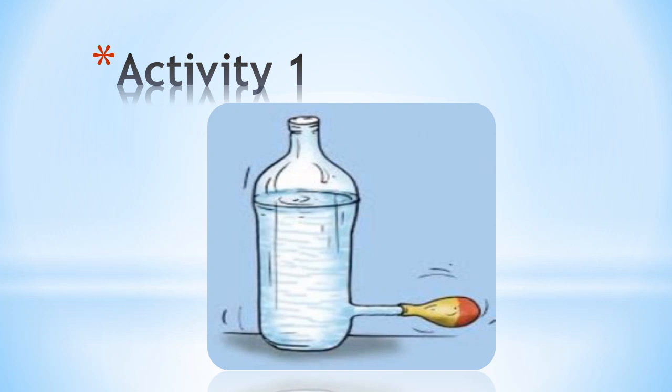Warm up one end of the glass tube and gently push it into the bottle at about 5 centimeter from the bottom, as seen in the picture. To avoid water leakage, apply molten wax on the side of the glass tube. Now fill water slowly in the bottle and see how the balloon inflates.